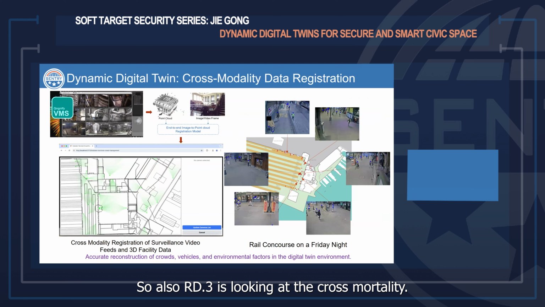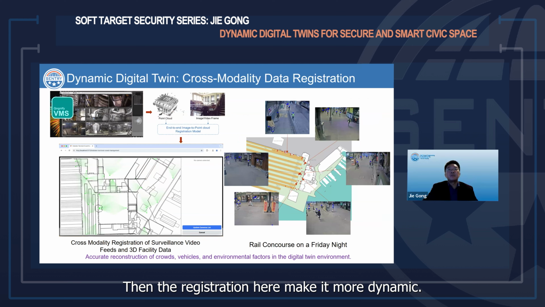One of the things is looking at cross-modality data registration to make it more dynamic. A typical application is a video surveillance system, from the top left here. We look at how we register the point cloud and the surveillance video feeds with our facility model, so we can realize localized surveillance video feeds.